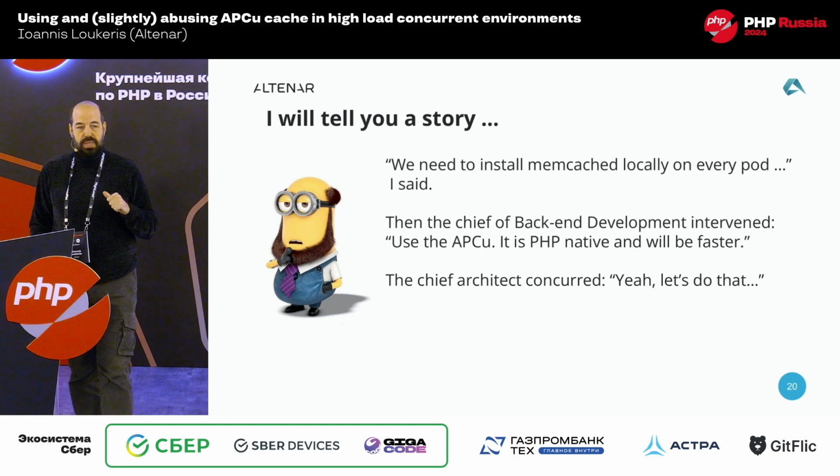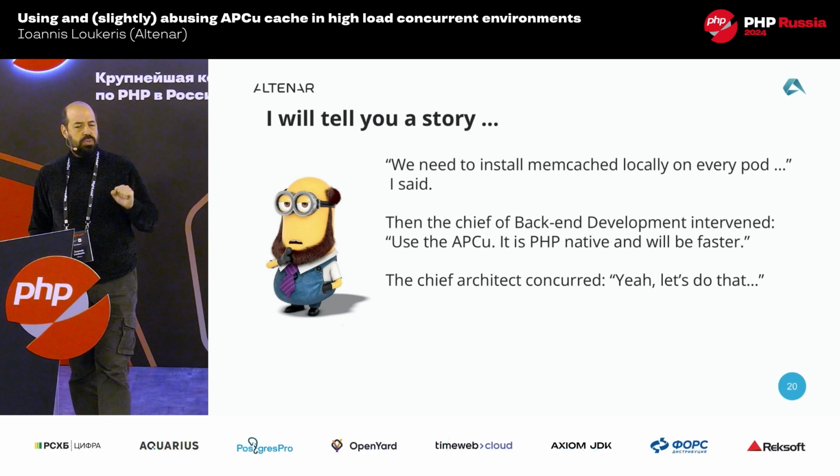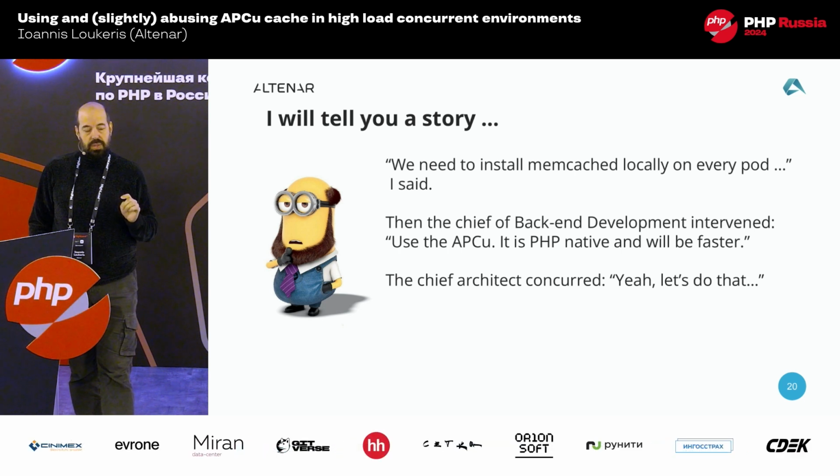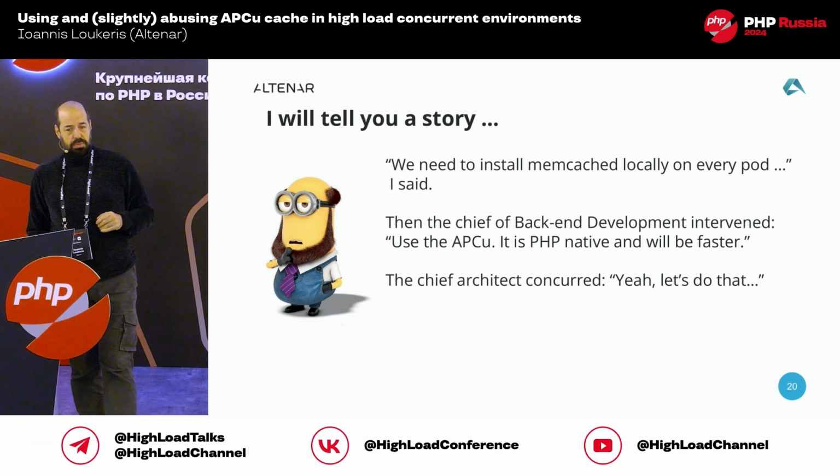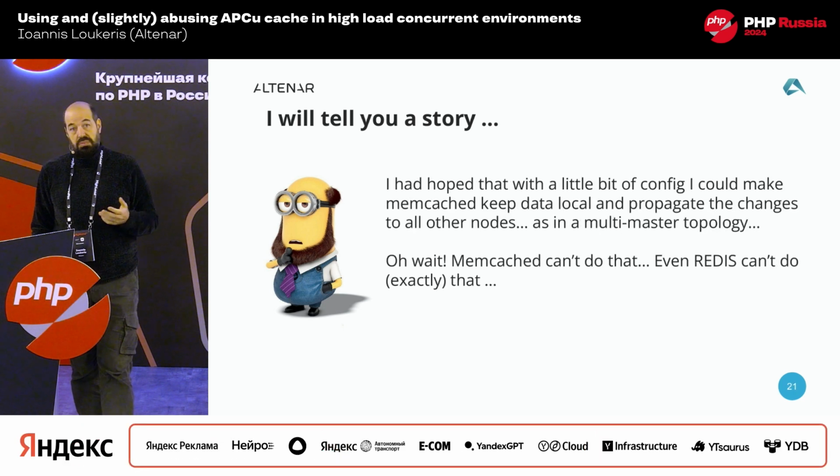Then the chief of backend developers, Grigori, said, use the APCu. It is PHP native, and it will be faster. Now that I think about it, I think it was a setup. So the chief architect concurred, yeah, let's do that. And I said, fine, what a fool.